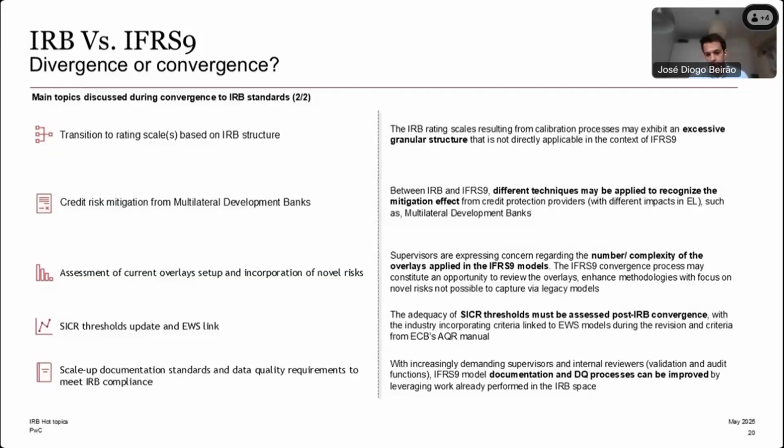Regarding the IRB structure, in terms of the calibrations performed that are coming from the IRB repair program, what has been the common practice also is to embed the effort to create the granularity or the risk grade structure to be applied in IRB in IFRS 9.